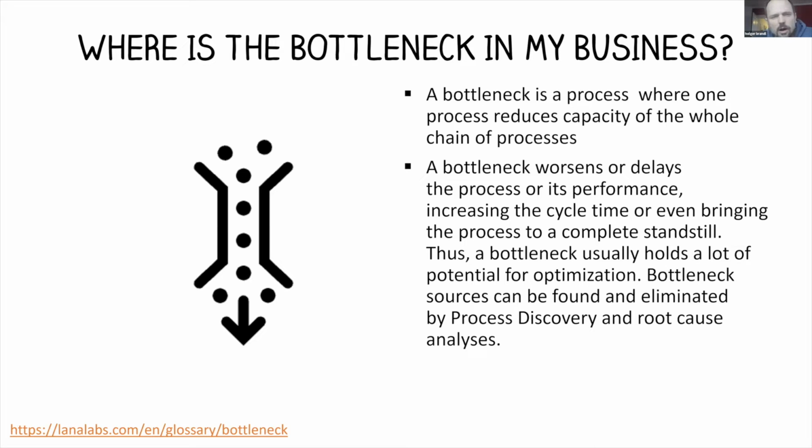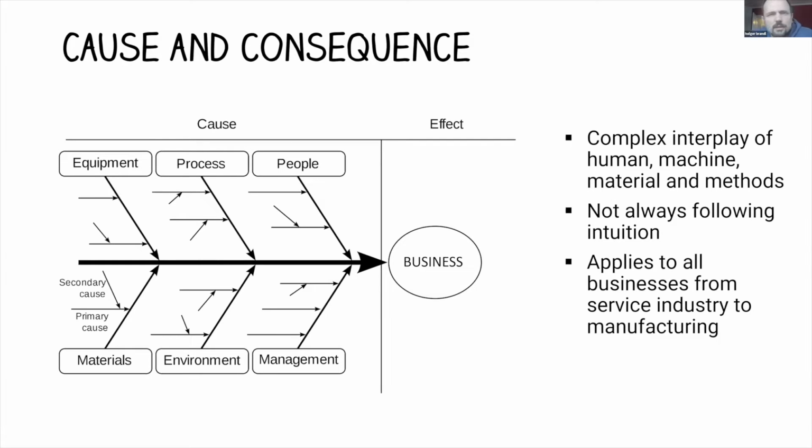But why is it so hard to understand where these bottlenecks are and how to resolve them? The reason, I think, is that there's a complex interplay of the different elements and entities involved in any complex business process, because it's usually not just the staff alone, but we also have to account for equipment, for processes, for material, for environment, for management, and all these factors somehow contribute to the outcome of the process.